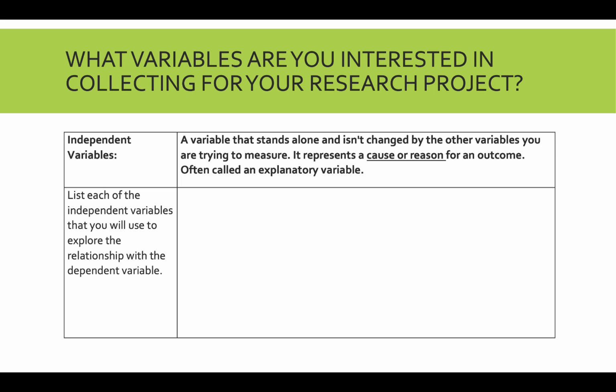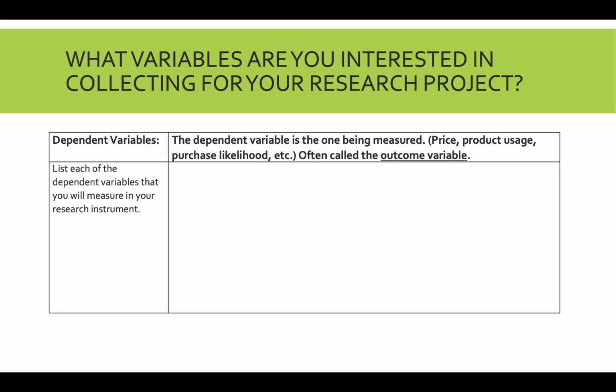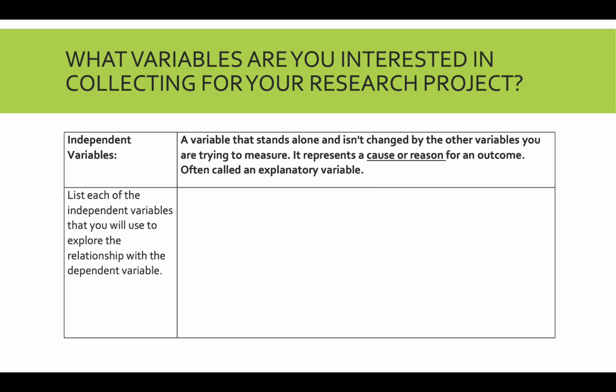So my independent variables, now I want you to do this with your assignment, with your project. What are you measuring in your hypotheses? Now, the independent variables are all those things that could cause a reason for an outcome. It's called the explanatory variable, remember? So if you're looking at brand love, my independent variables could be maybe the state people are in.